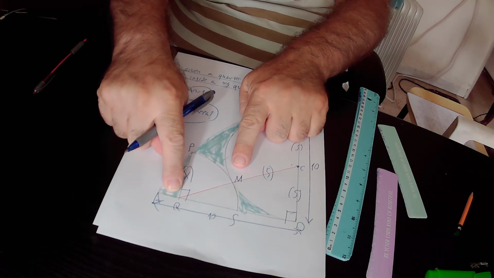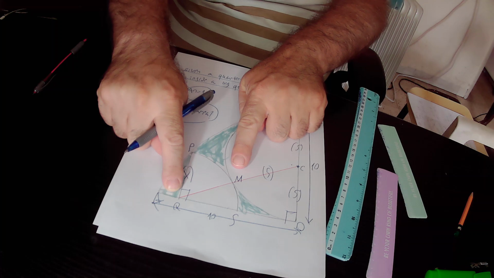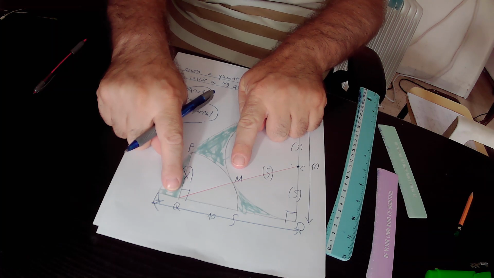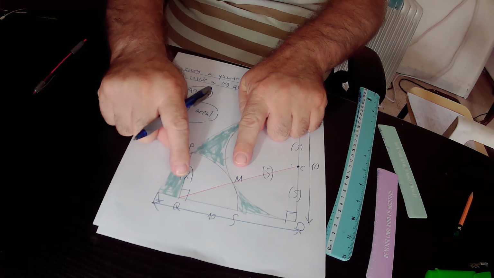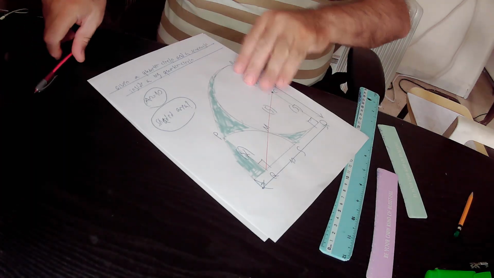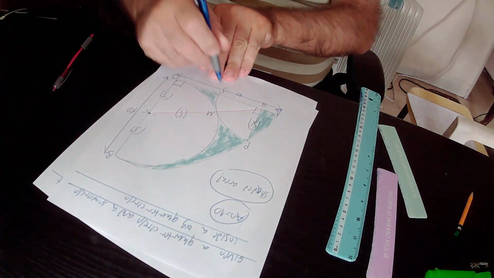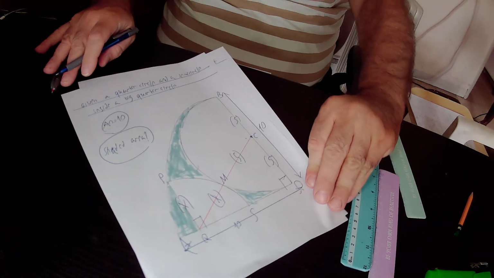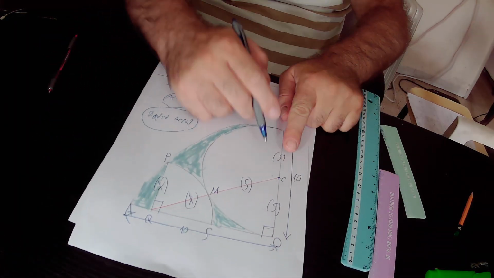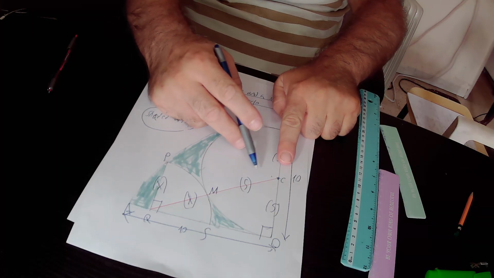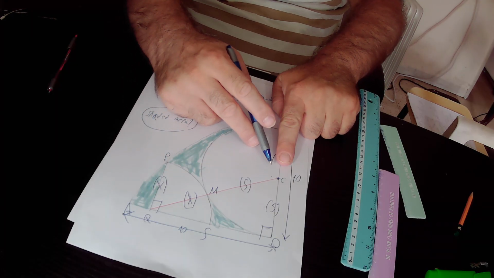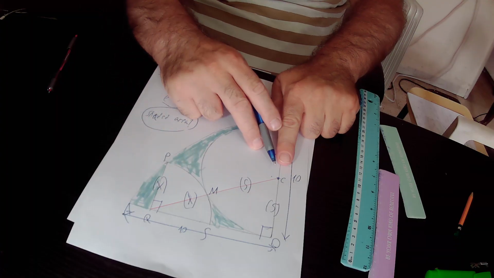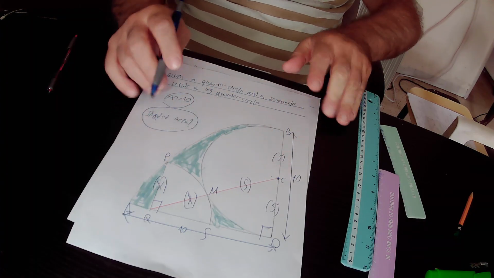MQ is the radius of this small quarter circle, that equals x, according to our definition. So MQ equals x. So in total, CQ equals x plus 5, because CMQ is one straight line.